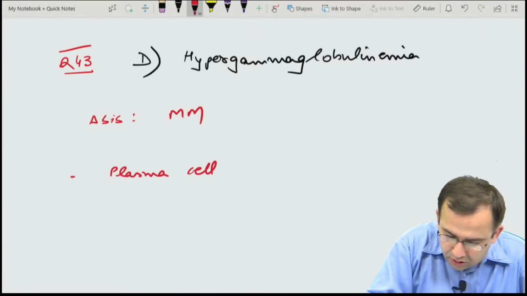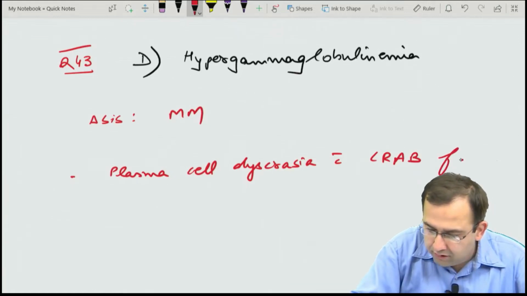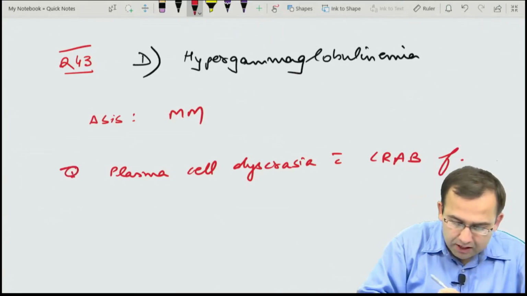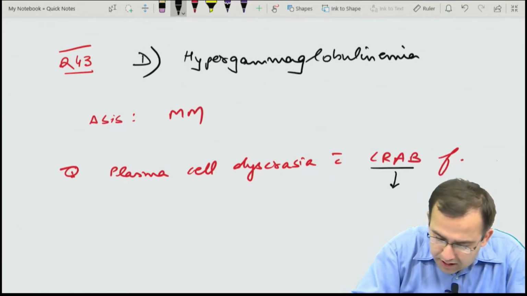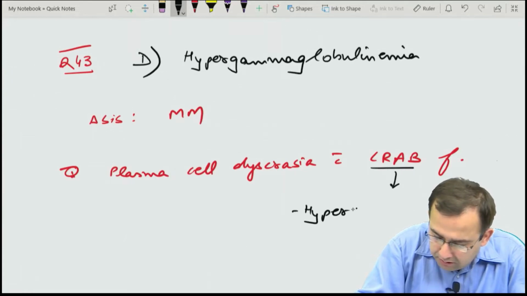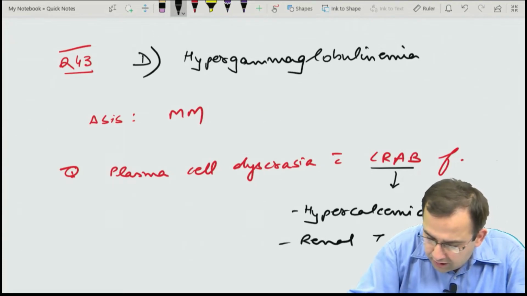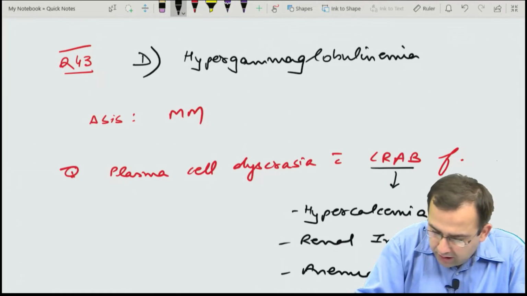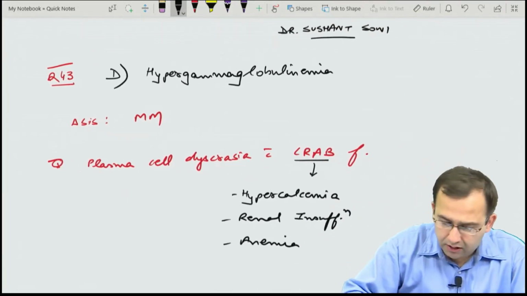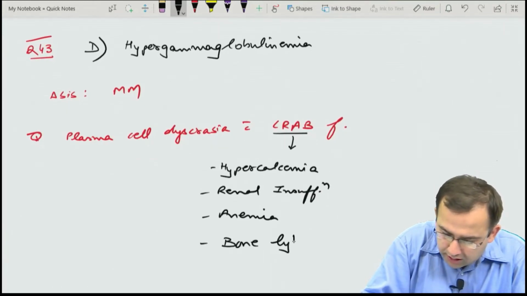That is, it shows increased number of plasma cells, plasma cell dyscrasia with CRAB features, where CRAB stands for hypercalcemia, calcium is elevated, renal insufficiency, anemia, and lytic lesions in the bone.